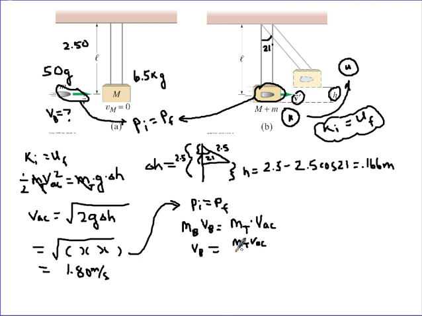This is pretty straightforward now. I take that total mass, 6.55 kilograms, that's moving after the bullet collided, times the velocity it had after the collision, 1.8 meters per second, and then divide that by the mass of the bullet. When I do that, I get a speed of about 236 meters per second.